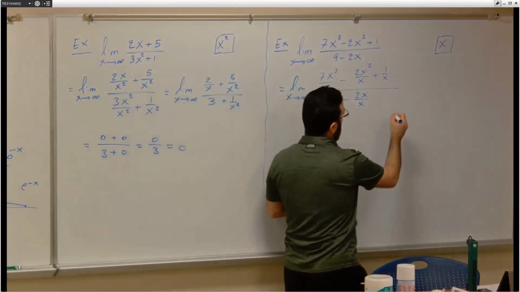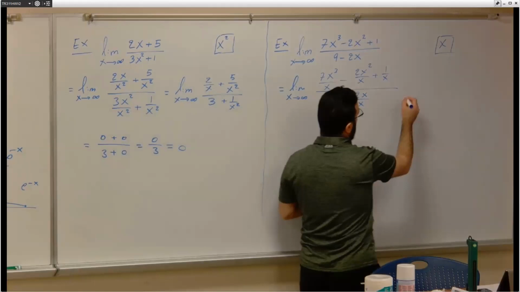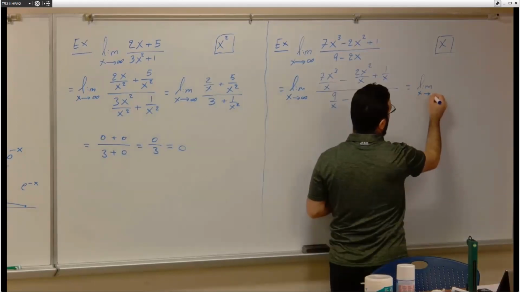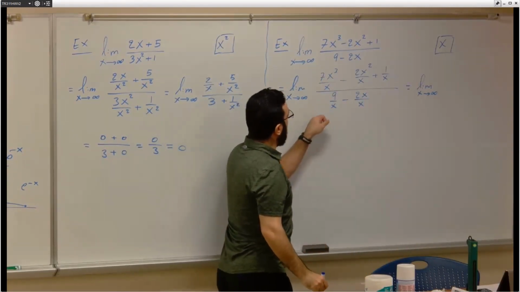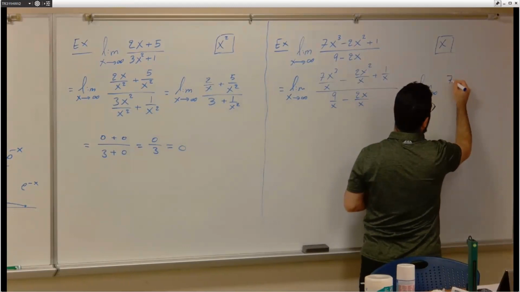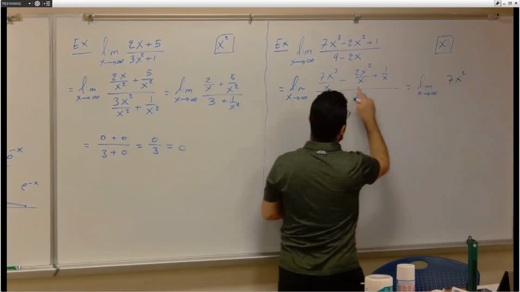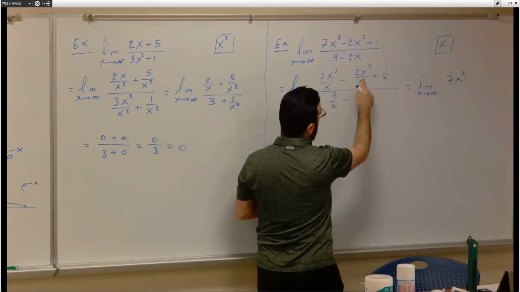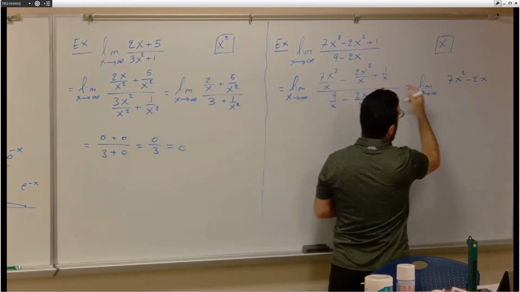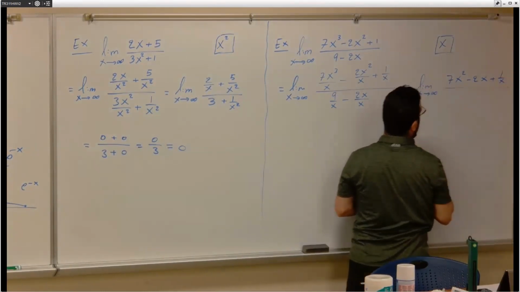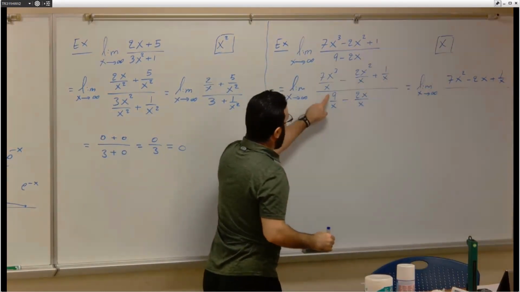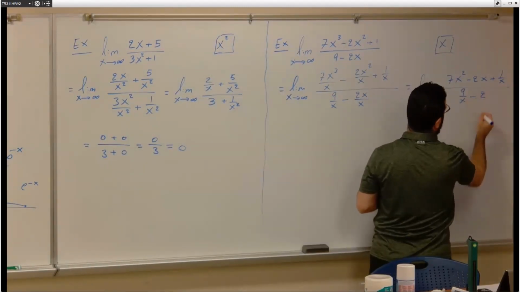So here it's equal to the limit as x approaches infinity of 7x squared minus 2x plus 1 over x, over 9 over x minus 2.